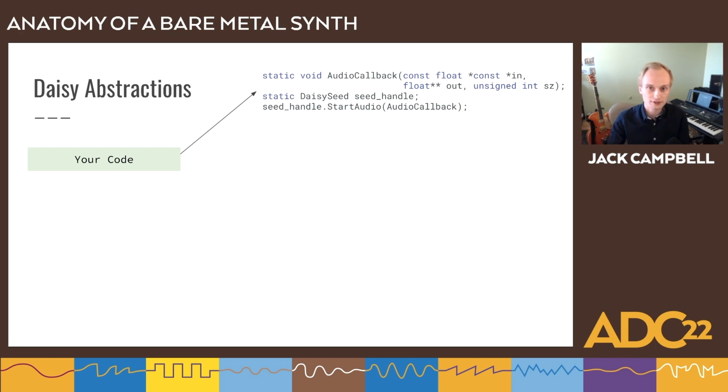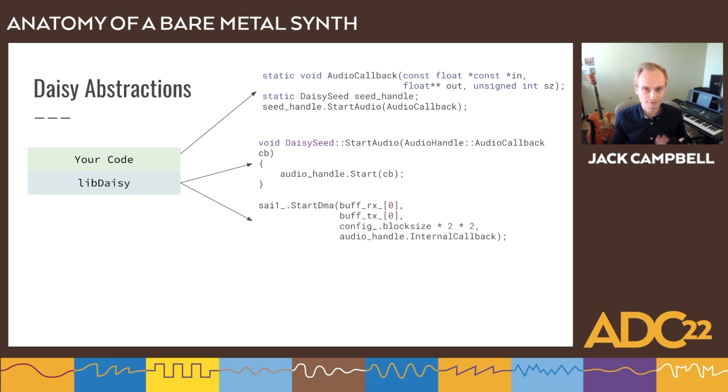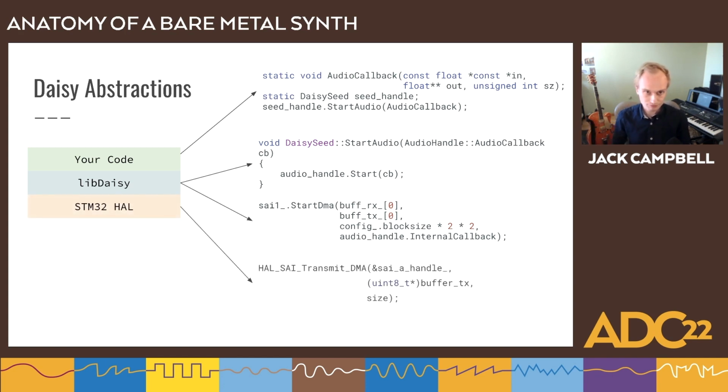We've got an audio callback here going into libDaisy through this Daisy Seed handle. And then libDaisy has some other C++y stuff that maybe looks like what you're used to. You've got the audio callback going in and being passed to a DMA handler. We'll talk about what DMA is. And then it goes to this C layer, the STM32 HAL.